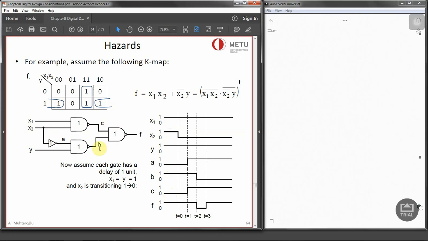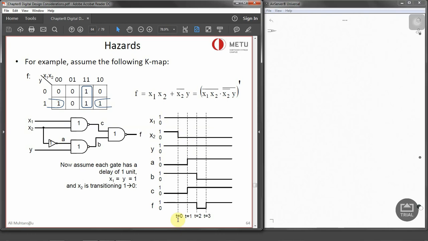Then B over here is going to be inverted. So A is 0 and Y is 1. So 0, 1 will actually give us 1 for the NAND gate. And so over here, we all have the valid outputs and the inputs.